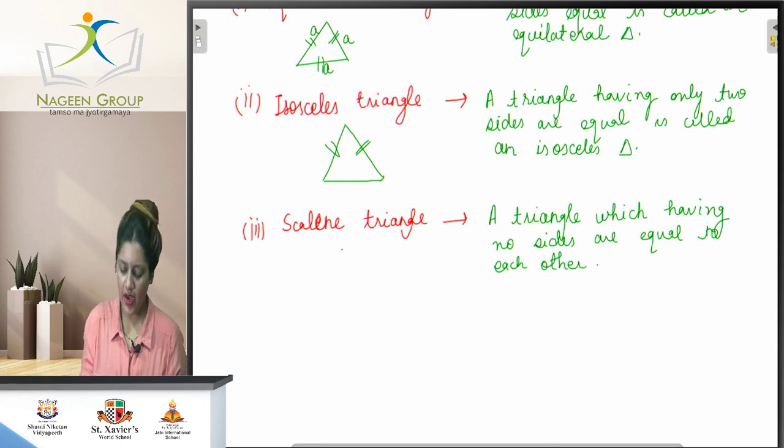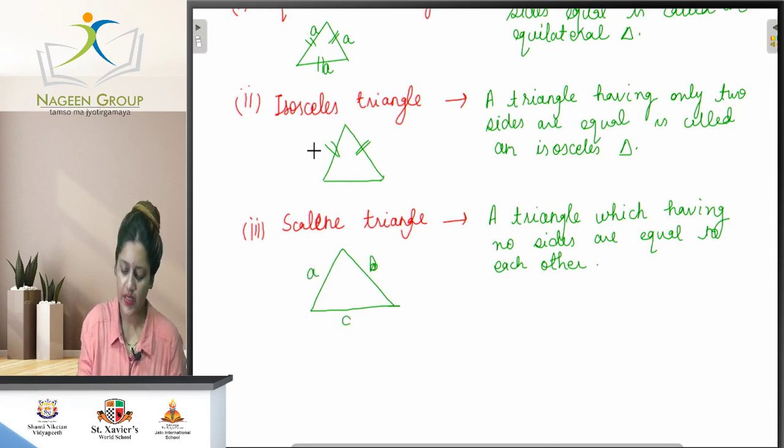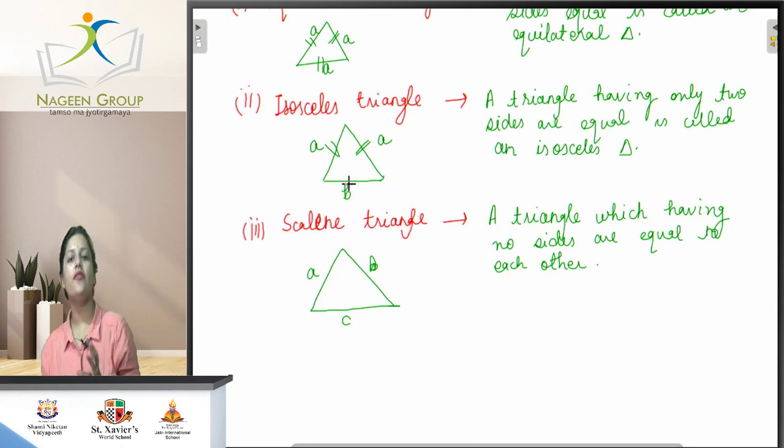It means if a triangle is made, then all sides are different, that is A, B and C. Understand what we have learned?